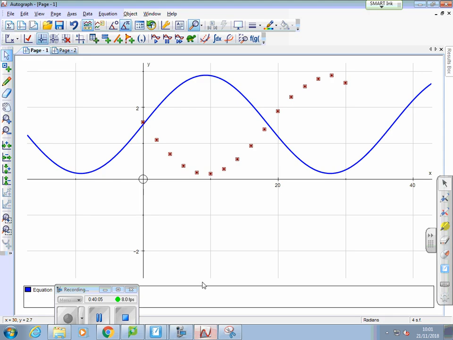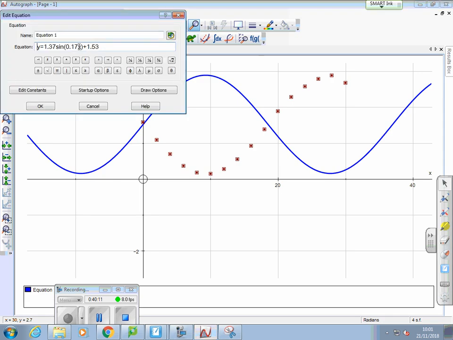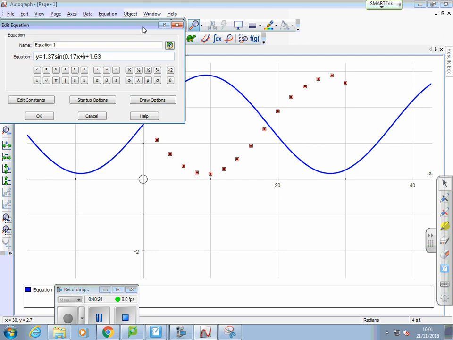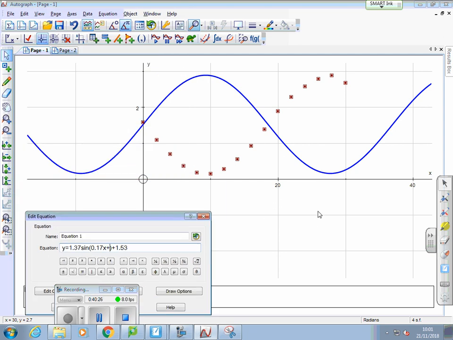So then, if I go back into the equation and edit it and put a plus, is it plus pi we need? I'm asking you to think about it. We want to move it later.